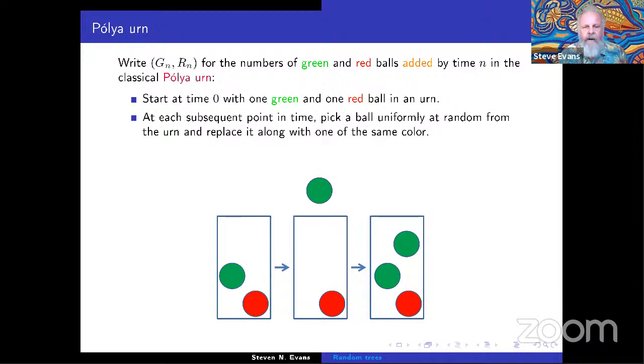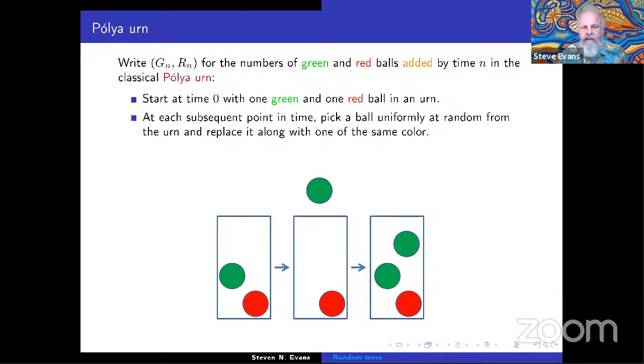What we keep track of is the number of green balls and red balls that are added to the urn at successive times. You all know the mechanism here: at each subsequent point in time, we pick a ball uniformly at random from the urn and replace it along with one ball of the same color.